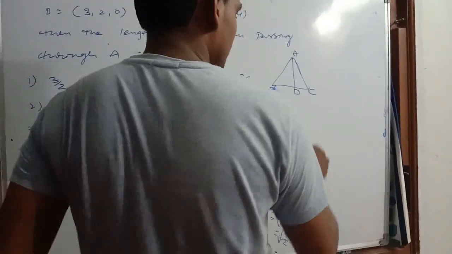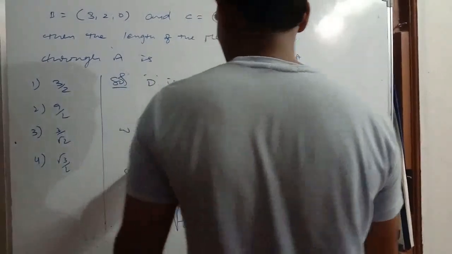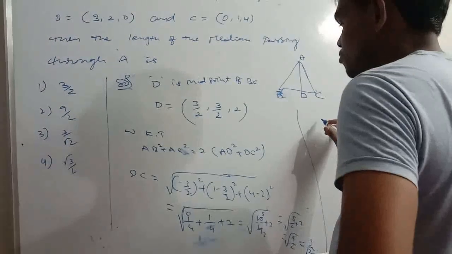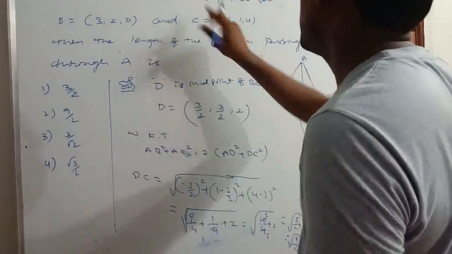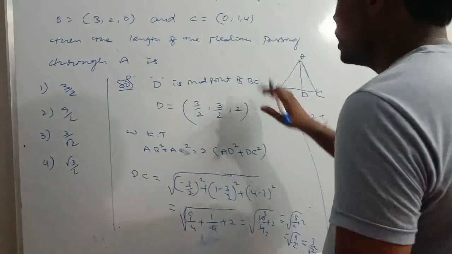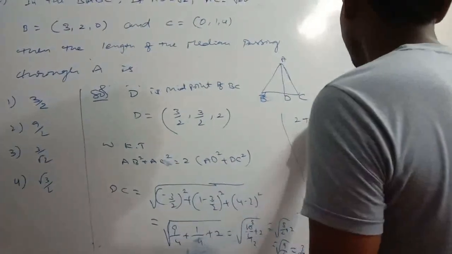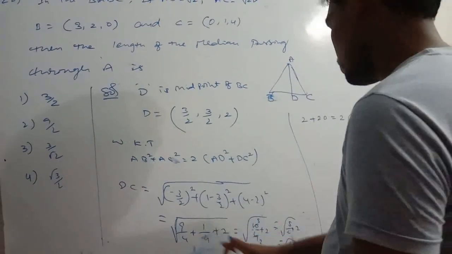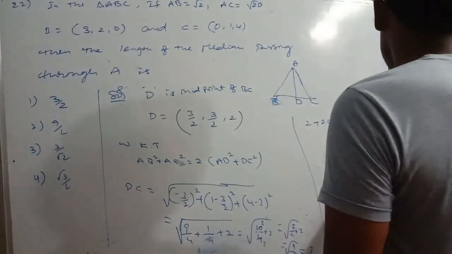Only DC value. And now the property is AB square plus AC square is equal to 2 into (AD square plus DC square). Here AB is root 2, whole square, that means 2, plus AC square, AC is root 20, AC square is 20, is equal to 2 into (AD square plus DC square), and DC square is 9 by 2.